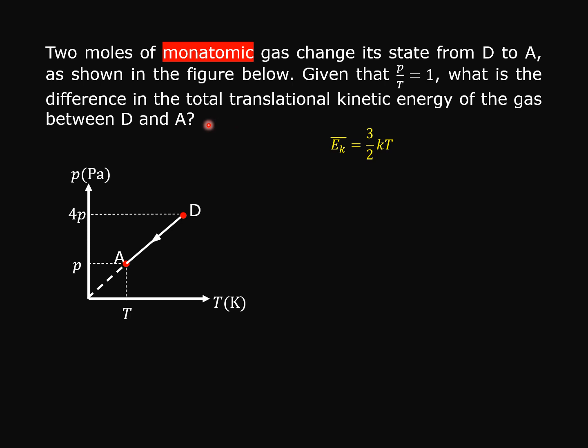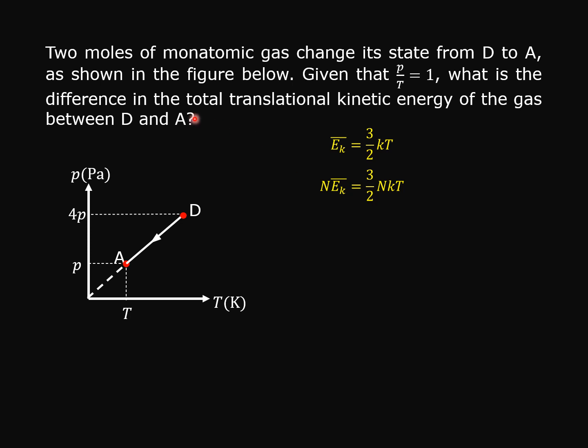Now we try to find the total translational kinetic energy of the gas. Since this is a monoatomic gas, based on the kinetic theory of gas, we know that the average translational kinetic energy depends on the temperature T, and is equal to 3 over 2 kT. But what we want to find is not the average translational kinetic energy per molecule.